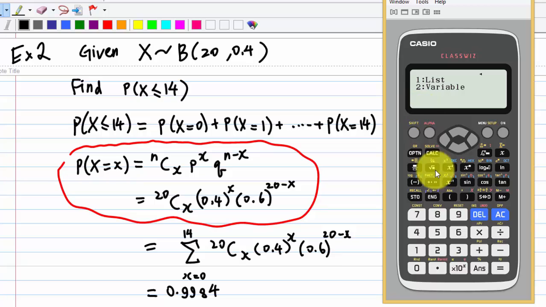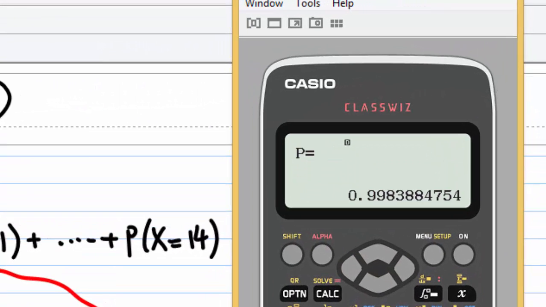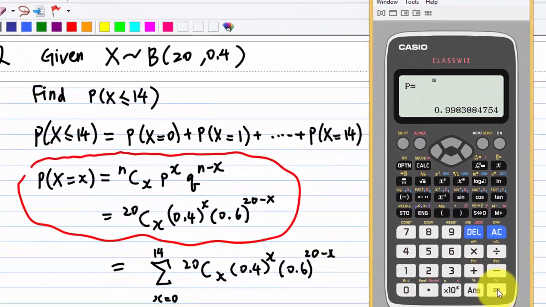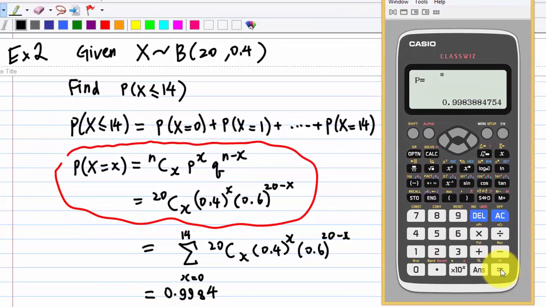Then use variable. We are going to find the probability of X less than or equal to 14, so you key in 14. N is 20. P is 0.4. So you find that the probability of X less than or equal to 14 is 0.99838 or 0.9984.